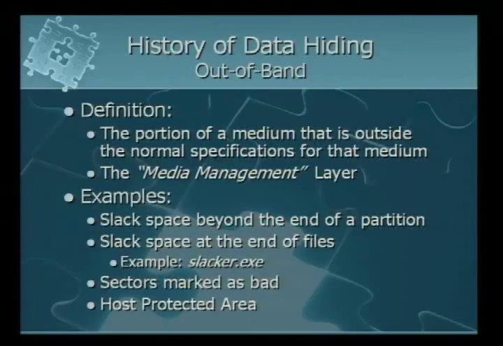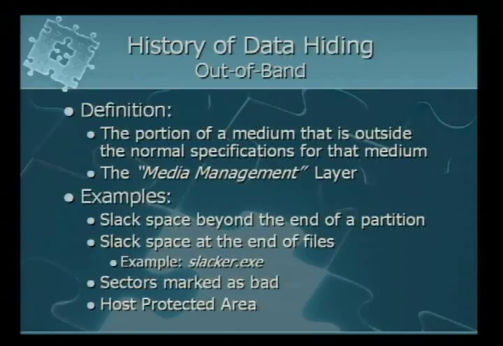There's a program called Slacker that came out at Black Hat, maybe two Black Hats ago, that used slack space at the end of files. If you know how files are stored on a hard drive, they're stored on basically a page boundary. So if a file is only like 3K, it'll still take up 4K on the disk, and that last K is just unused. So Slacker would stuff data in those little slack spaces at the end of files.